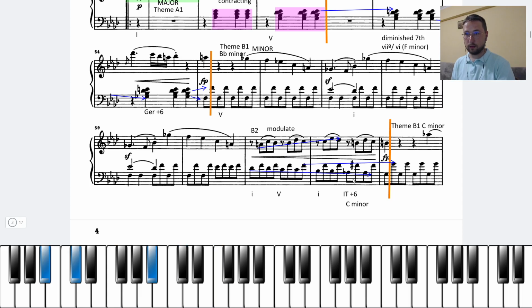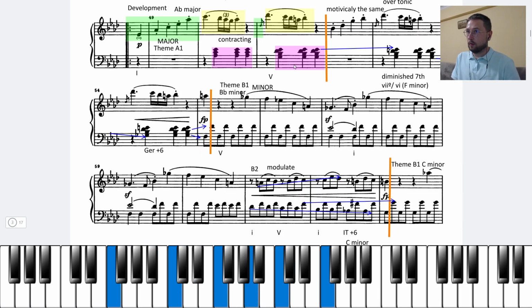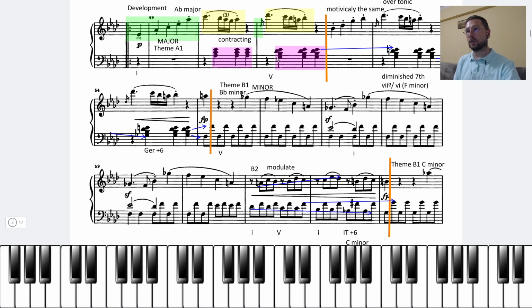You have this, right? It's a very similar technique to what we had there. So we're moving in this case from a dominant to an augmented 6, and in this case, we're moving from a tonic to an augmented 6. So basically, Beethoven is using two ways, very clearly distinct, that he knew at the time, probably he knew more, between a dominant and a tonic as a modulation to a step higher through an augmented 6.